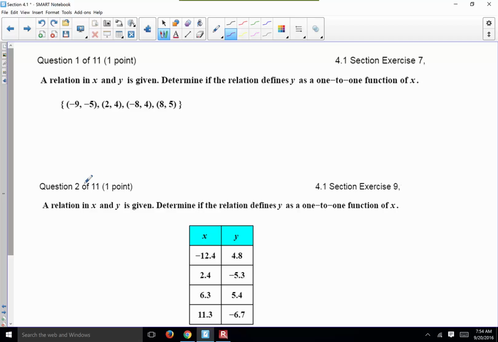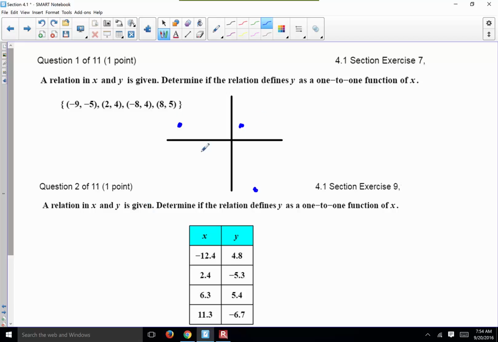Is it one-to-one? Okay, there are various ways you can do this. If you like, plot how many points? This is not too bad. 4 points. Plot them and do the horizontal line test. -9, -5 is somewhere here. 2, 4 is here. -8, 4 is here. 8, 5 is here.